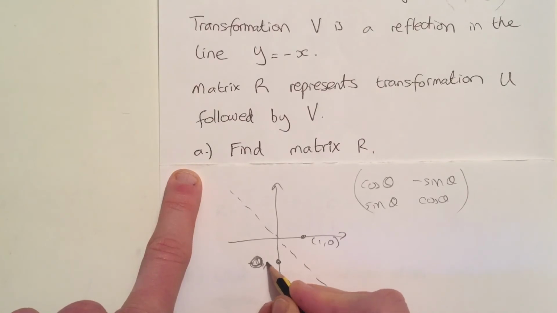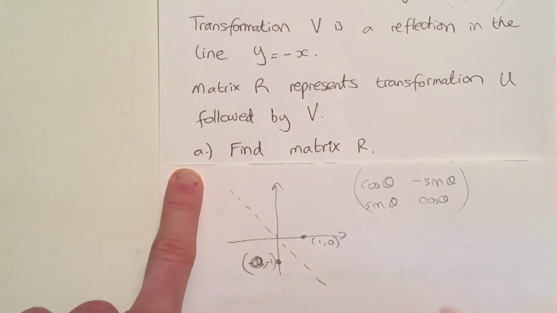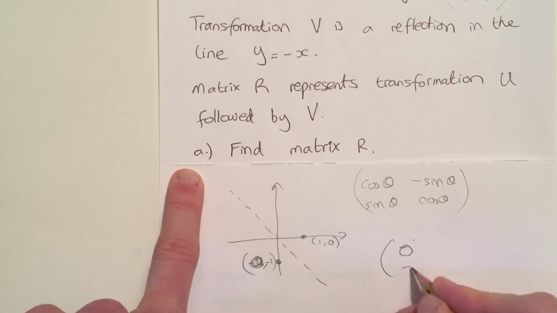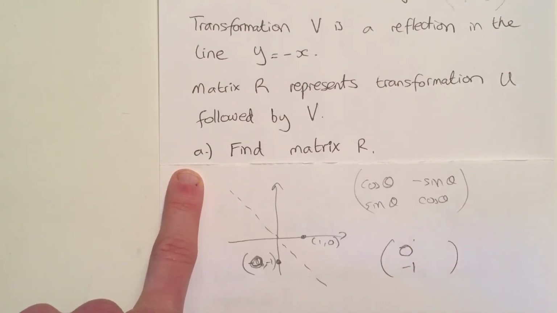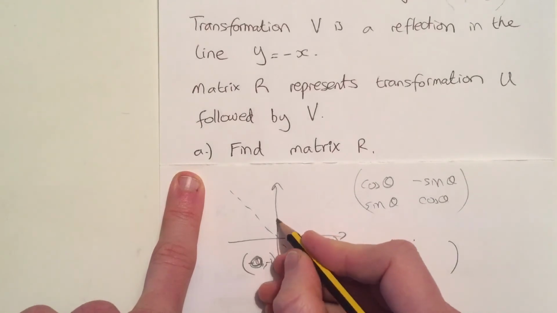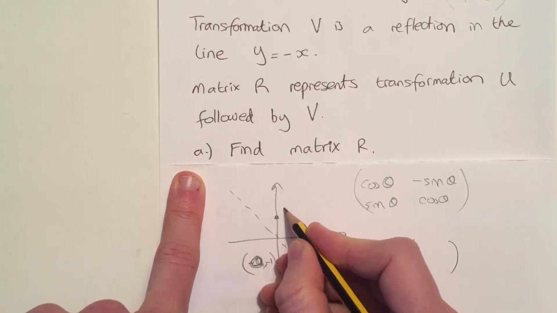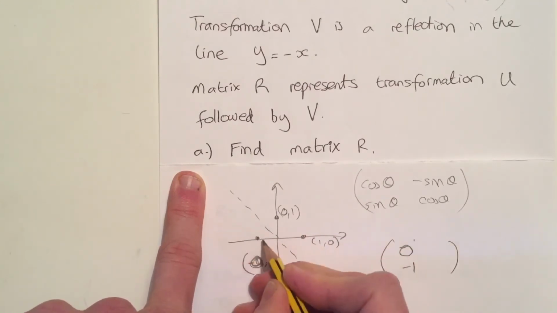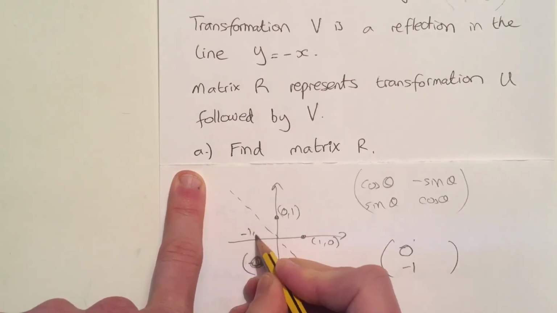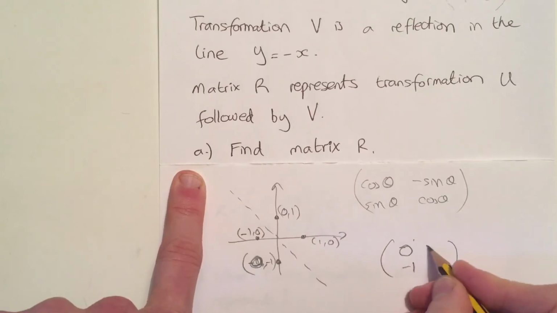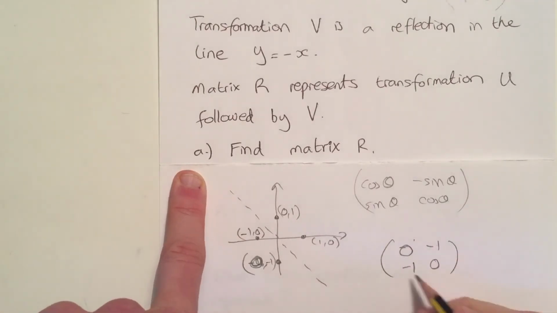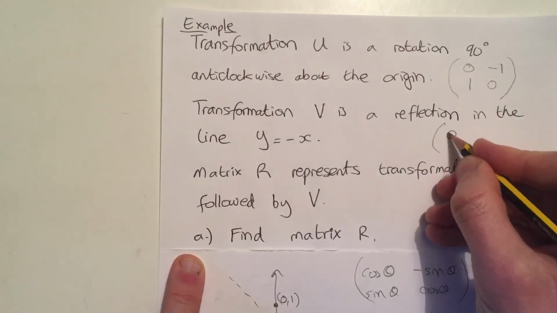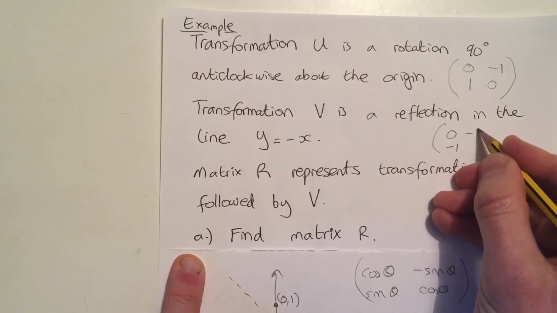That would give me the first column of my matrix. And the coordinate 0, 1 would get reflected down here to be the coordinate minus 1, 0. So this matrix represents transformation V.